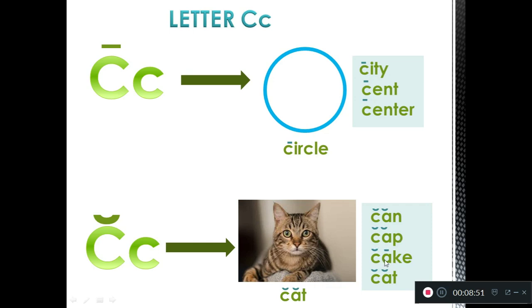K, A, K, cake. K, A, T, cat. So remember, letter C has two sounds. The first one is S with a dash on top, and the second one is K with a little curve on top.